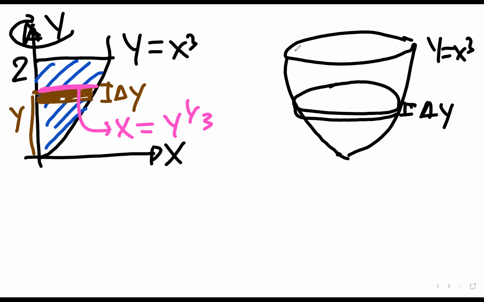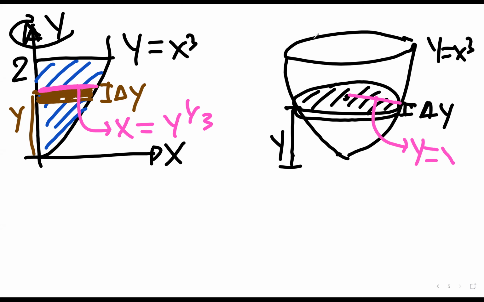If this is y, then the radius is y, where y equals x to the power 1 over 3. We want to calculate the approximate value of the volume delta V.